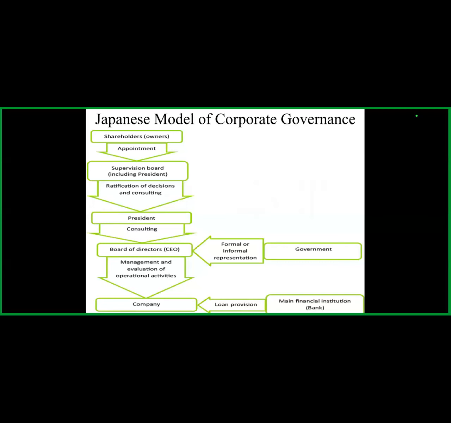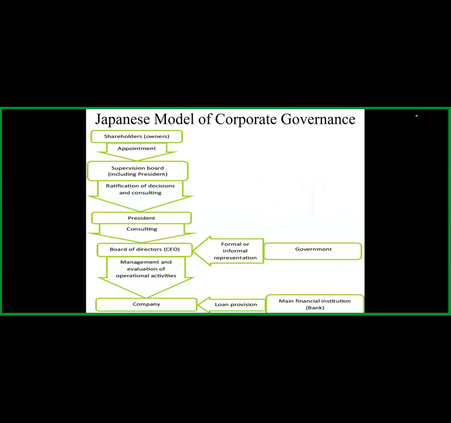And their second job is that they can play the role of consultant, because on the basis of their expertise, on the basis of their knowledge in a particular field in which the organization is carrying out its business activities, they are appointed by the shareholders in the supervision board.